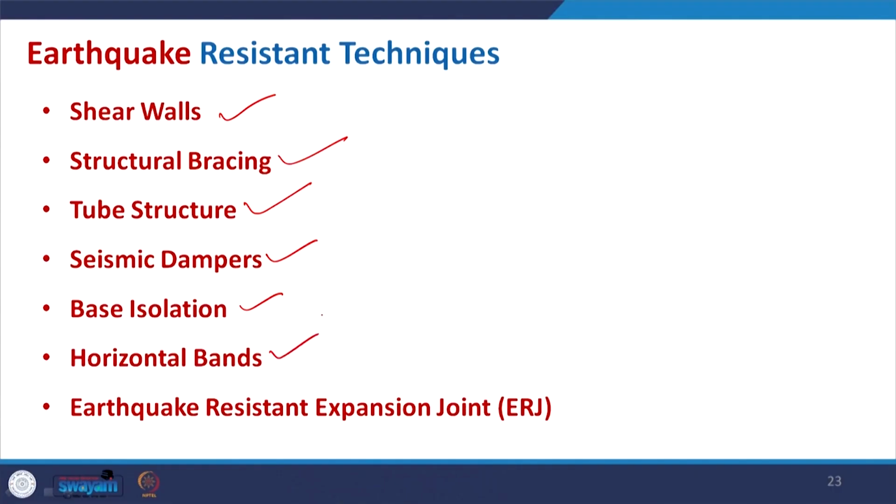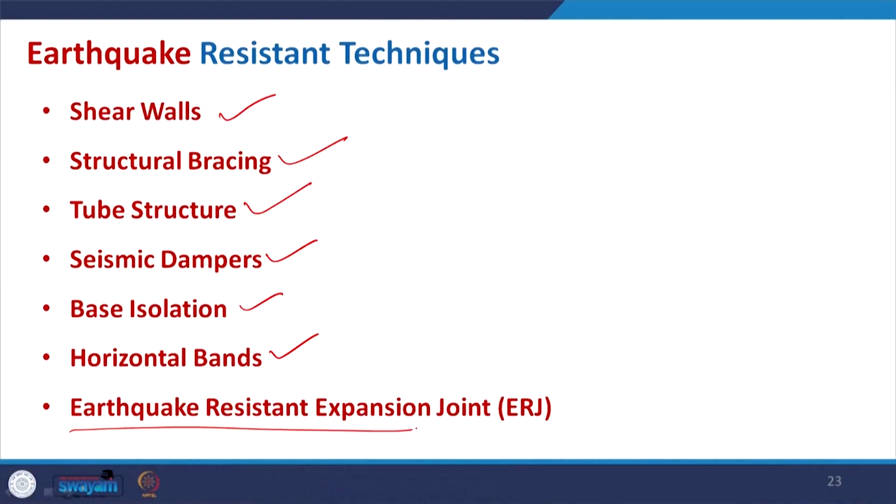Horizontal band is also a low cost solution, where different beams are provided at different levels, at the sill level, lintel level. And then we can also go with the earthquake resistant expansion joint, where two buildings are very close to each other, or a structure is too large.